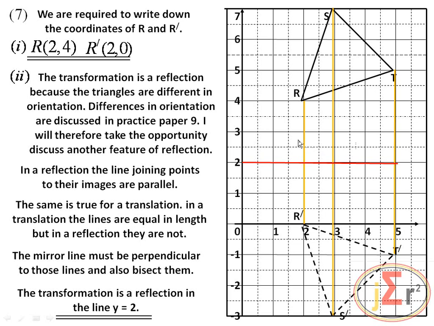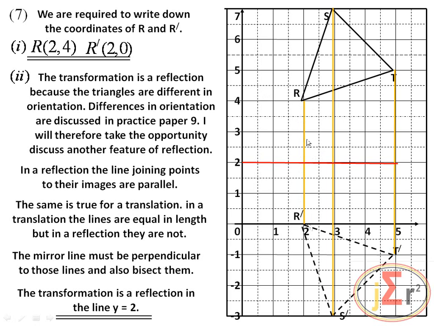Do not forget, in reflection, lines joining points to their images are parallel but may be of different length. Different from translation, where the lines are parallel but must all be of the same length. Also, the mirror line must be perpendicular to a line joining a point to its image, and it must bisect that line.